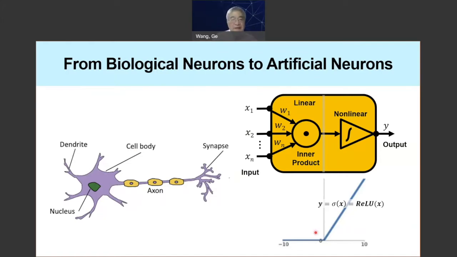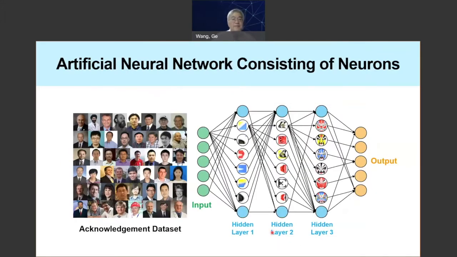There are many kinds of activation functions. Here we show a popular choice called the ReLU function. As shown here, for a high value you get positive output, otherwise you stay at zero. The basic information processing unit, the artificial neuron, is simple to understand.